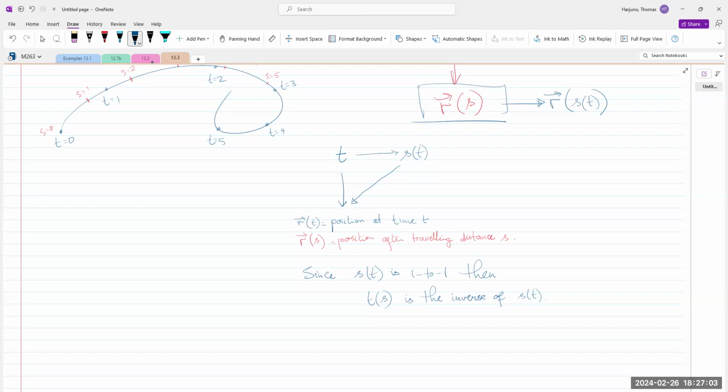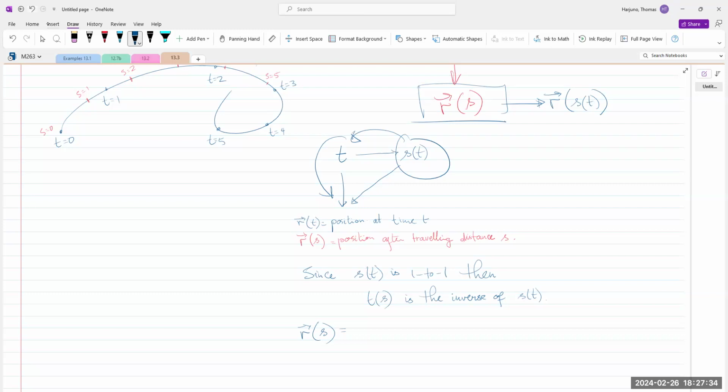Okay, why do we need that? Because what we need to have is R(s), right? Once you tell me the distance traveled, I need to change it back to time first. I need to go back to time first and then go to the position vector function.